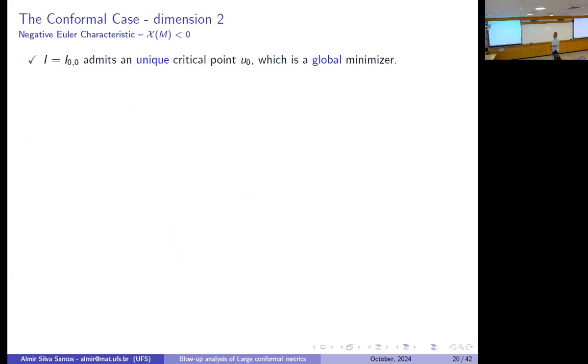First thing, for the functions f and h, which correspond to the functional I, we have a unique critical point, which is a global minimizer.